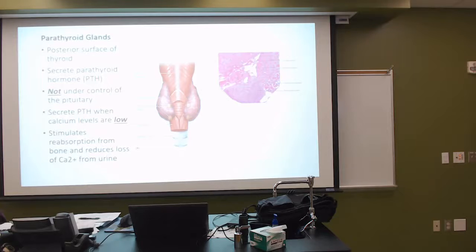The smallest drop, it's going to affect it. The smallest amount too much, it's going to affect it. So if there's just a small drop of calcium in the blood levels, parathyroid hormone is secreted, all right?